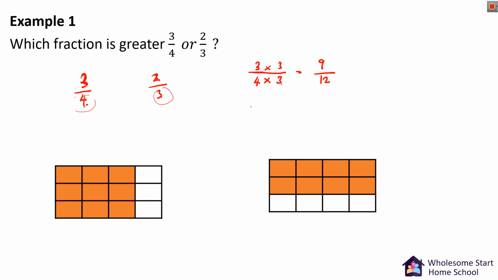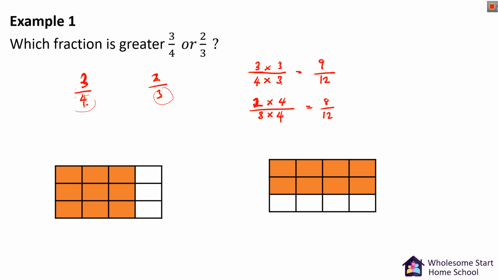By making it 12, that means we multiply both the numerator and denominator by 4. So we have 2 times 4, 8, and 3 times 4, 12.